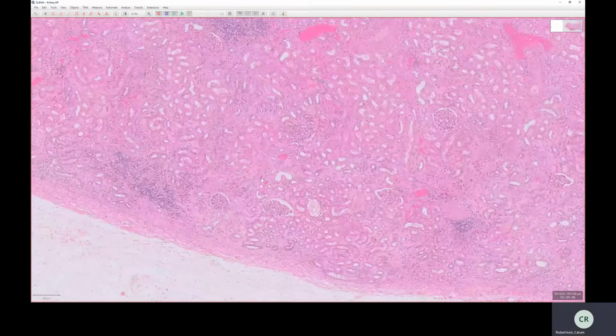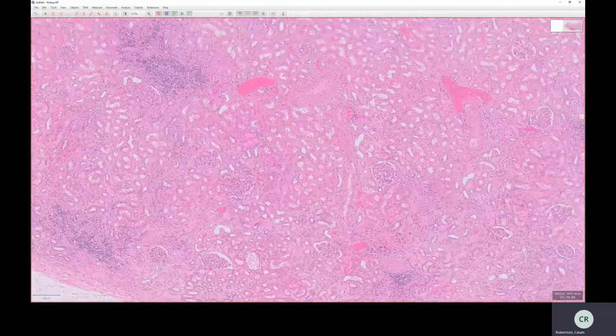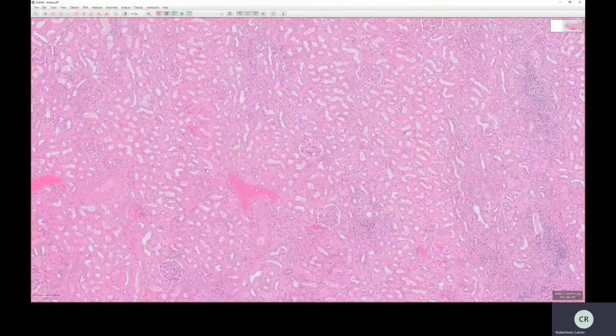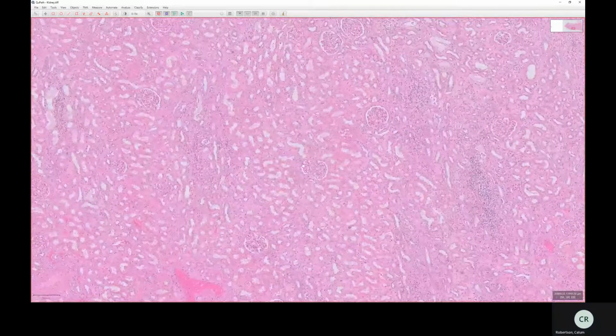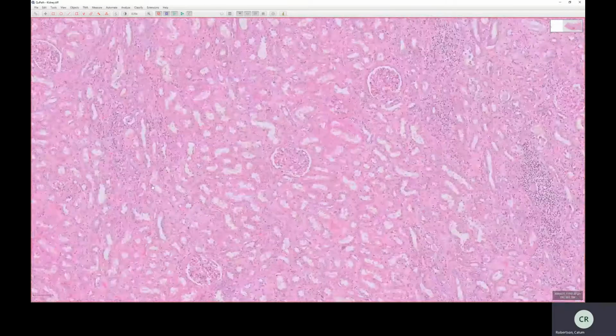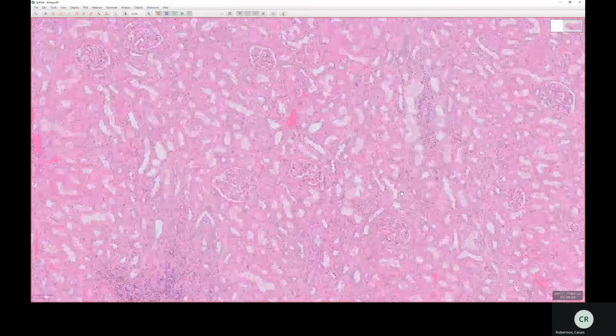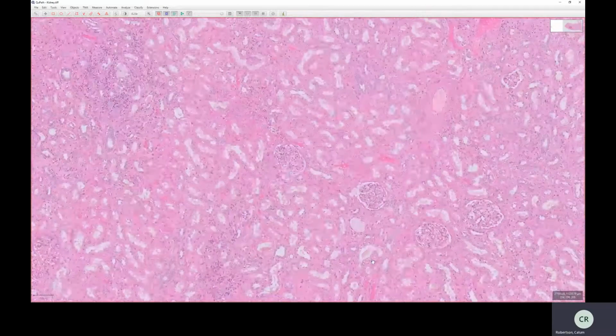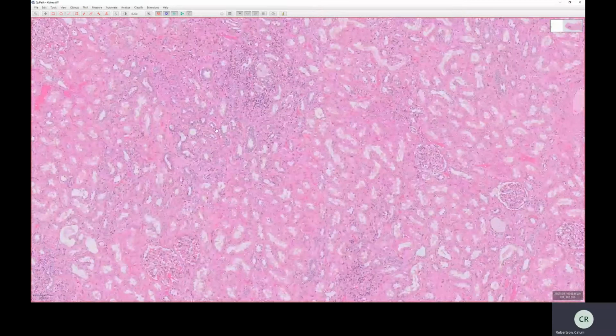Sometimes you can see a good section where you can see an afferent arteriole leading into the glomeruli, and I've not seen that. If we come across that, I'll point it out. That's maybe an afferent arteriole leading in. Not sure.